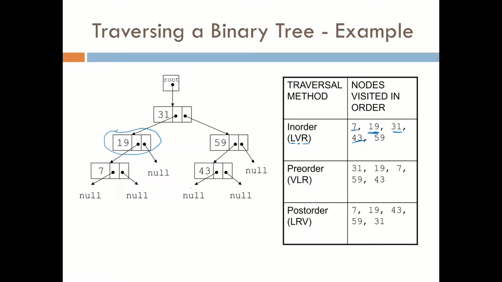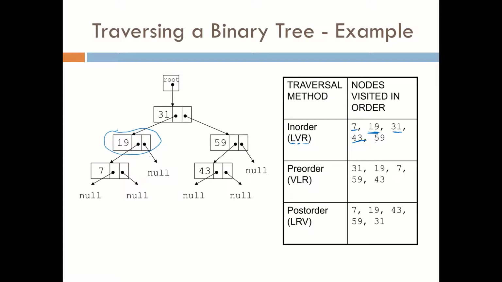And having visited the left and visited the node itself, I will traverse down to the right subtree, which is in fact null. So I output nothing. I backtrack to this point, and having gone left and visited the node and gone right, I now backtrack to node 59. What have I done at this point? I have visited the left subtree, so I must now visit the node itself.